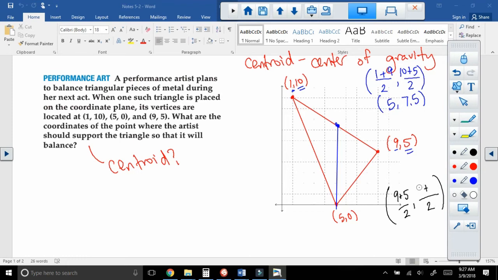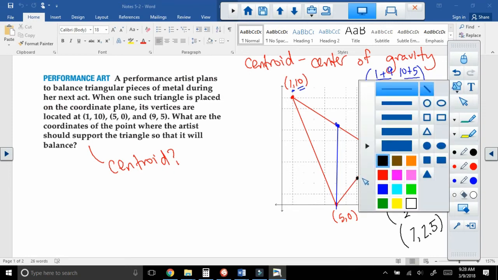So when I add those up and divide by 2, I get 0.5. Yep, so the midpoint of this side is at 7, 2.5. And then you can take those and connect them.